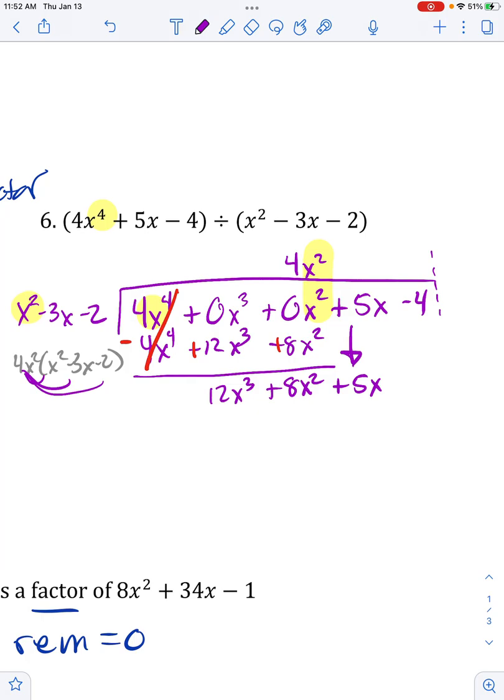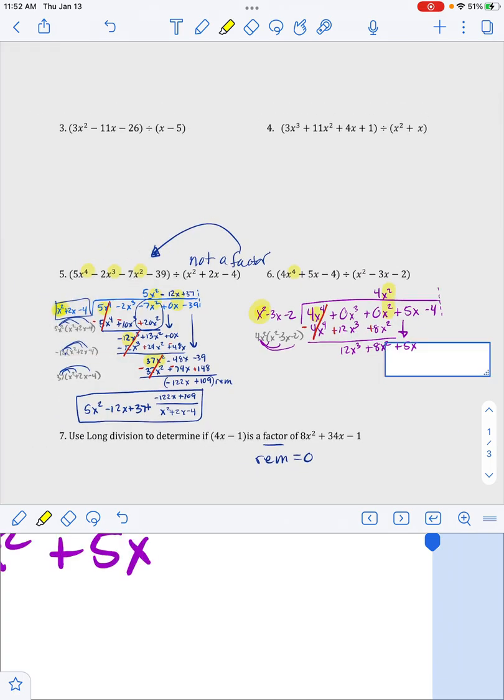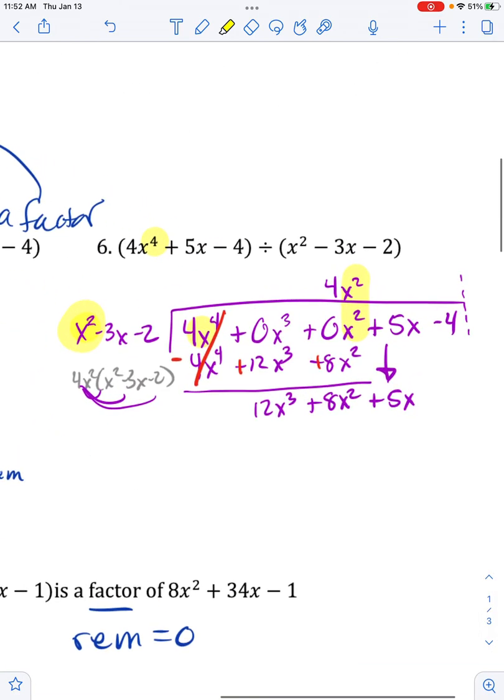Now it's round 2. Ask yourself the same question. What do I have to multiply x squared by to turn it into 12x cubed? Well, 12x. And again, I feel pretty happy because these are lined up and they're the same, and that's all good news.